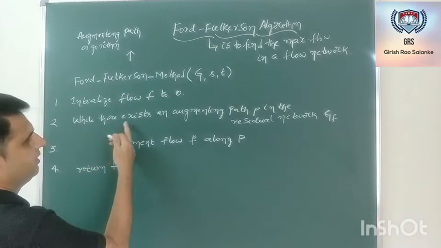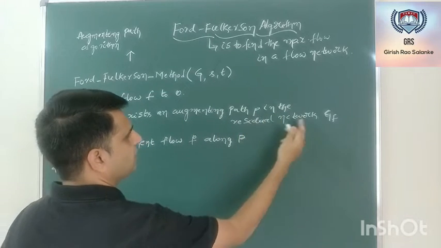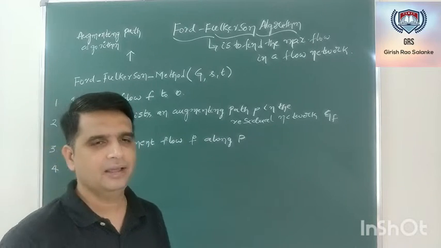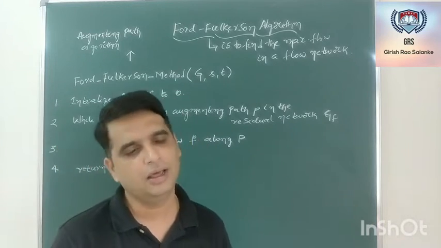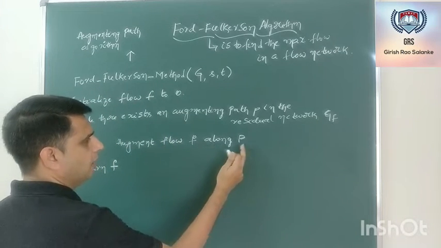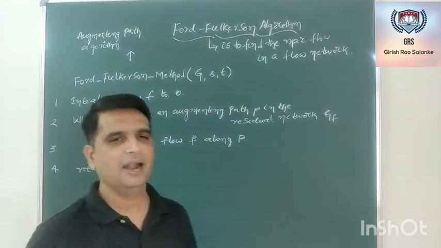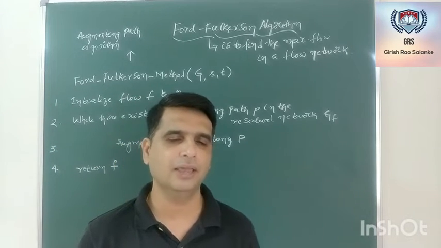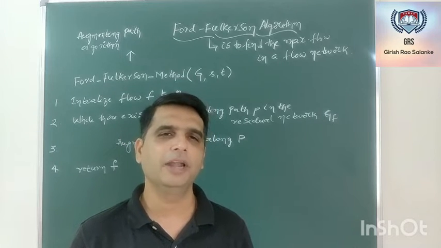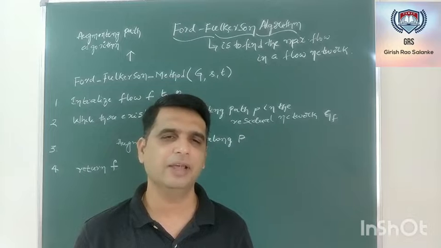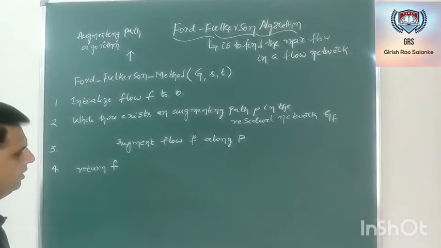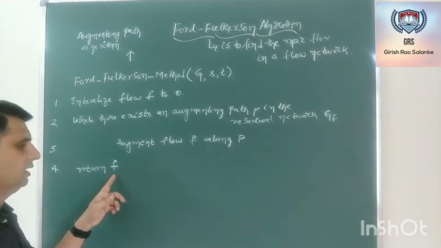So, while there exists an augmenting path P in the residual network GF, I will add the bottleneck capacity to my final flow. That means I am going to augment flow F along P. I keep repeating this as long as there is an augmenting path in the residual network. If there is no augmenting path, then it implies that I have calculated my maximum flow. So, in the fourth step, I return the max flow denoted with F.